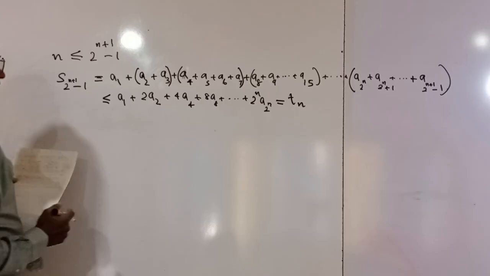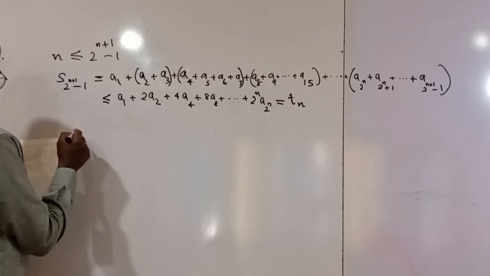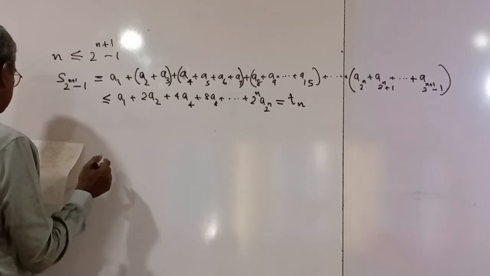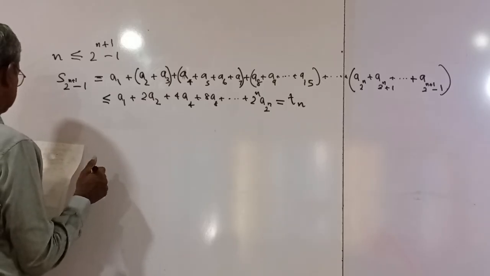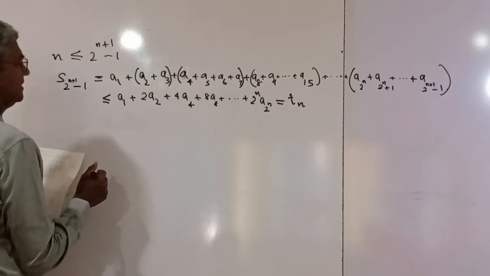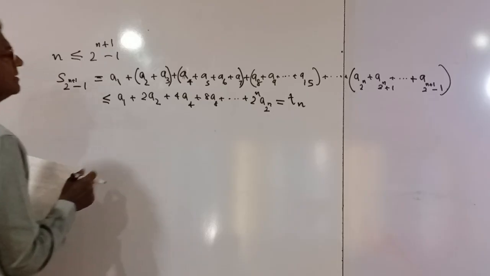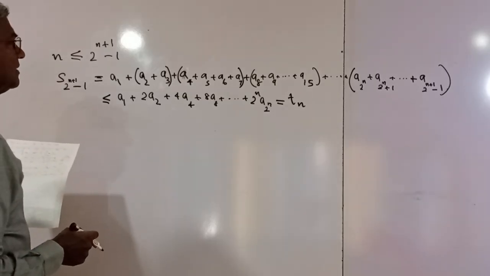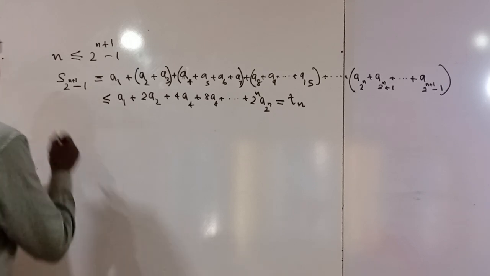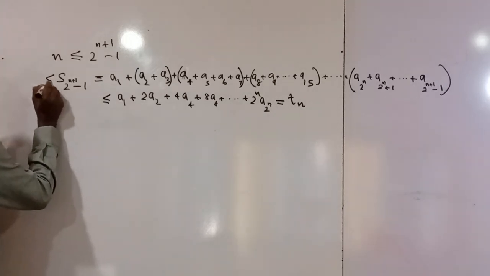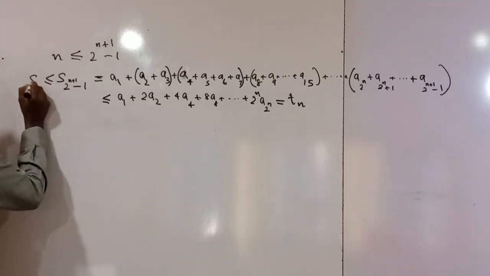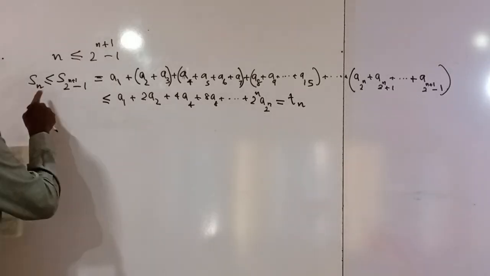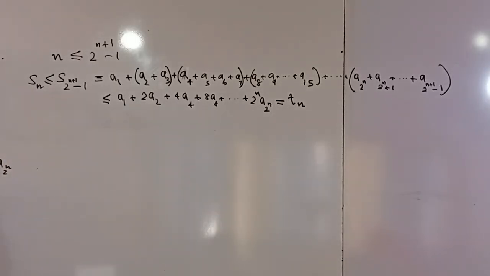So here, the way I am writing is correct, 2^(n+1) minus 1. Therefore, we have Sn less than or equal to Tn.